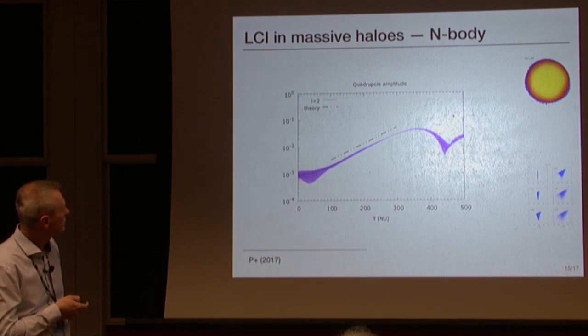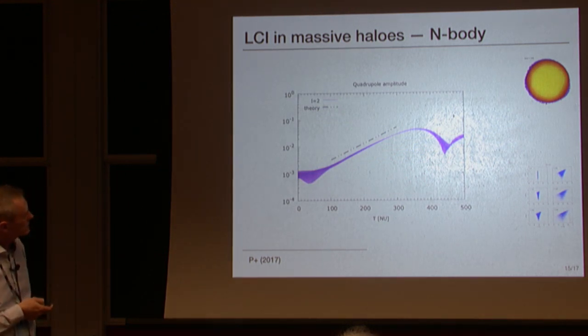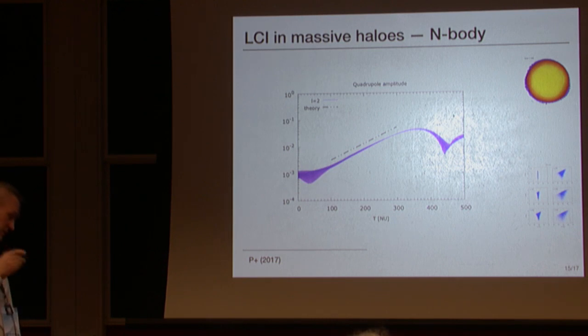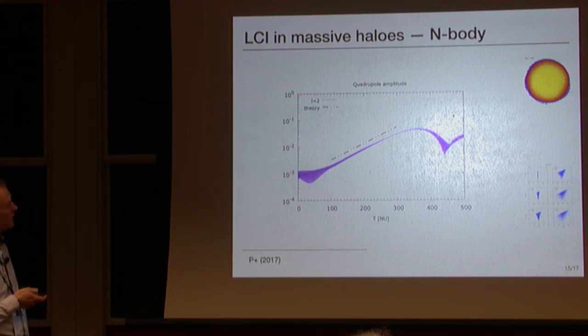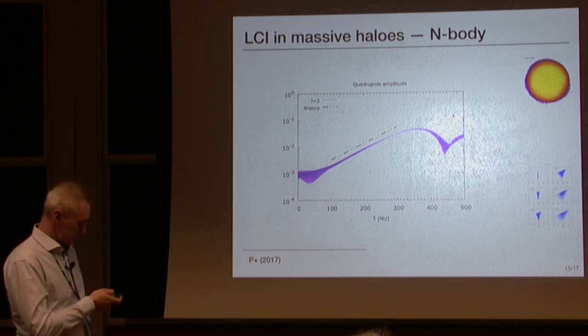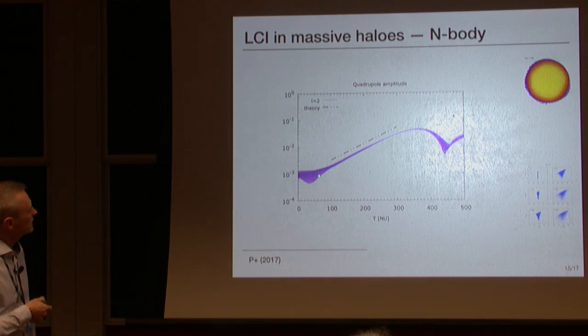And here is what we have from spherical harmonic analysis, a comparison with the theory. This dash-dot line indicates the exponential growth rate, which is predicted from theory. It is consistent, but you see that it saturates at a low level.